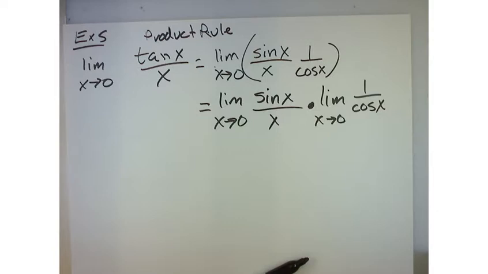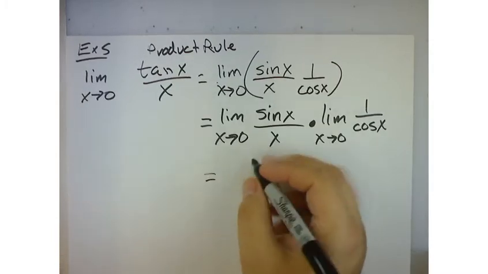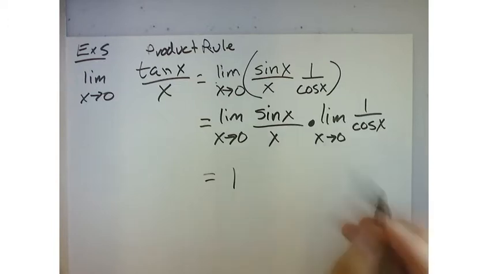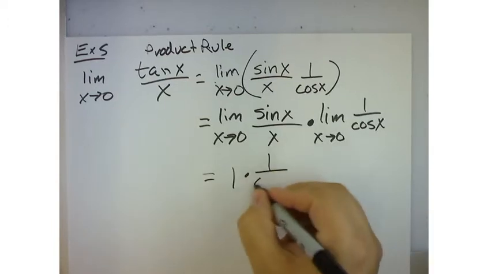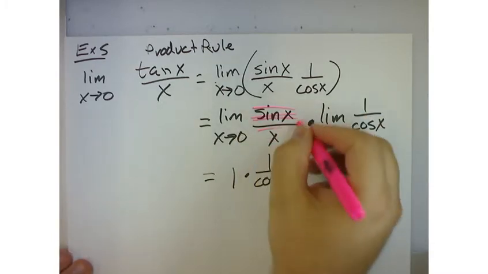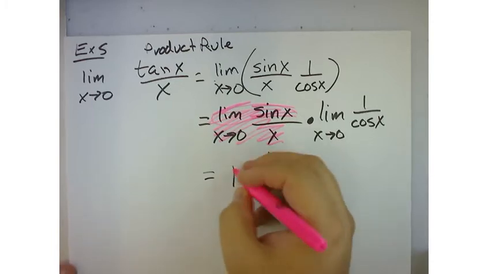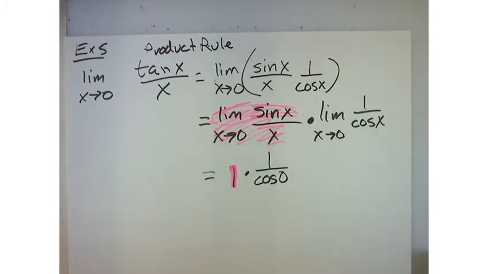The reason that it's 1, well, I'll tell you what, just accept it for now and I'll do the proof. But this right here is always going to equal 1. This will always equal 1, and I'll do the proof later. So we have 1 over cosine of 0. You're going to have to memorize this. This will come up definitely for sure. This whole thing here equals 1, and I'll prove that to you a little bit later.